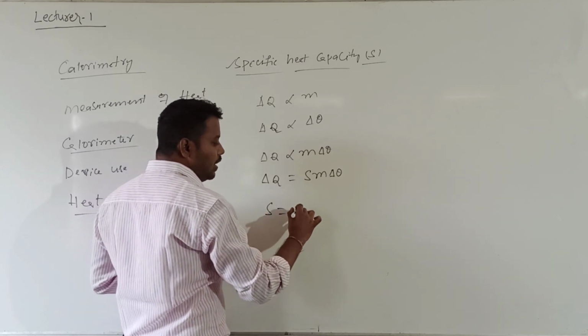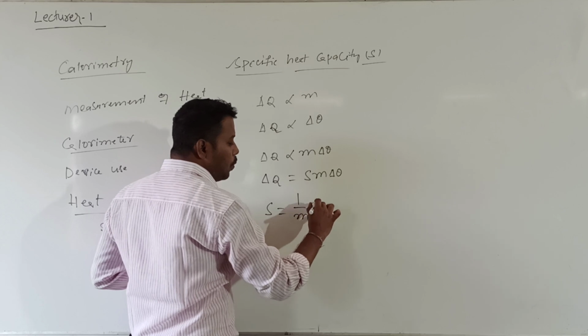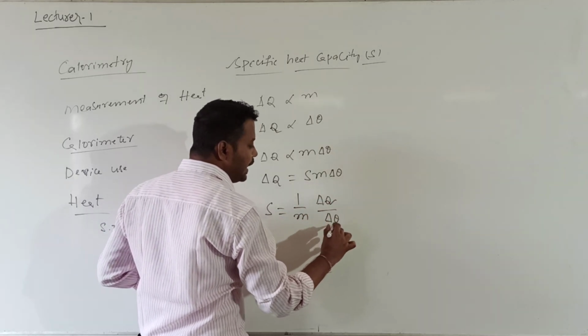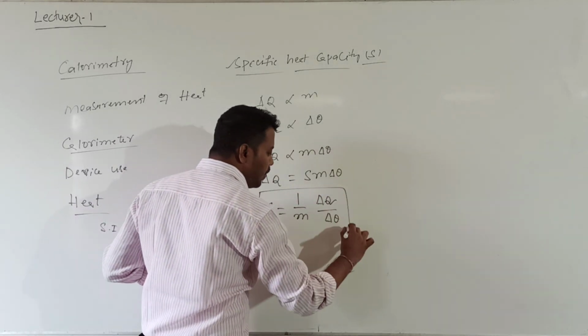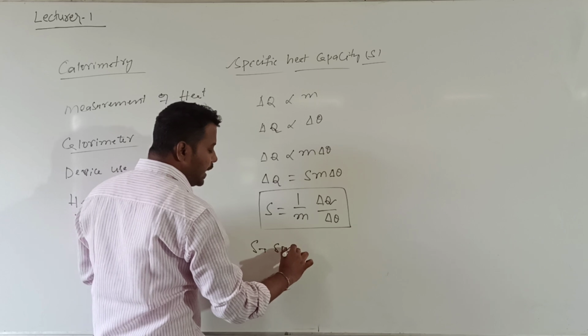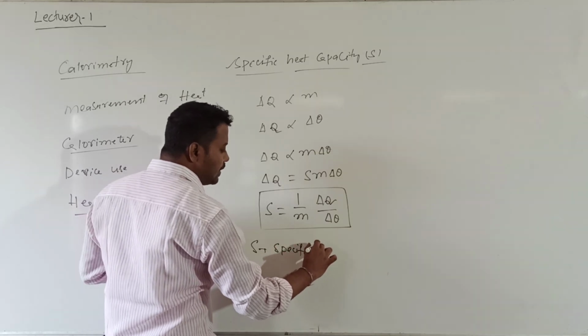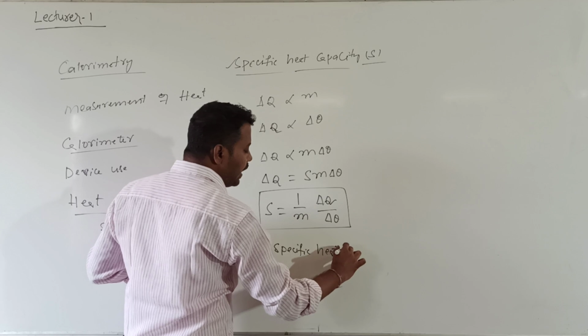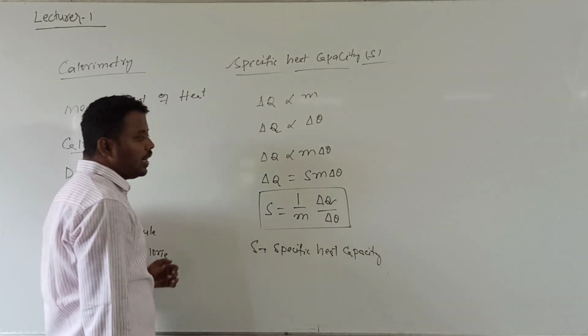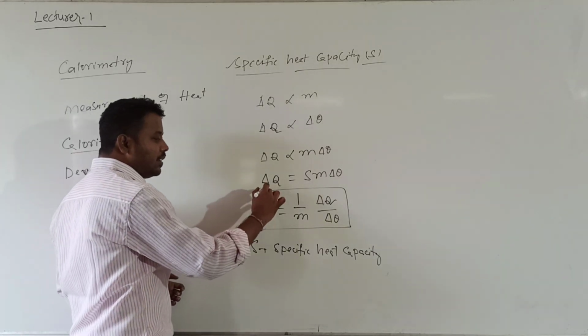So from this, S is equal to 1 by M into delta Q divided by delta theta, where S is the specific heat capacity of the given substance. Yes, this is the formula for S.